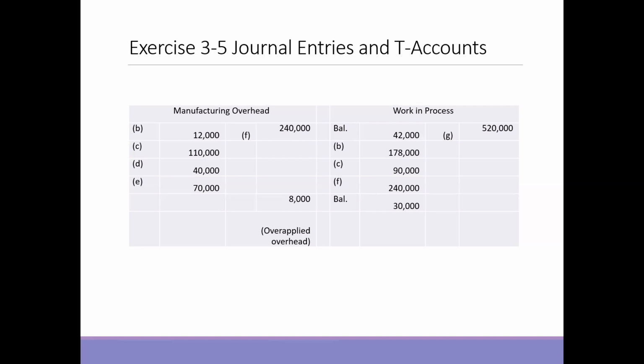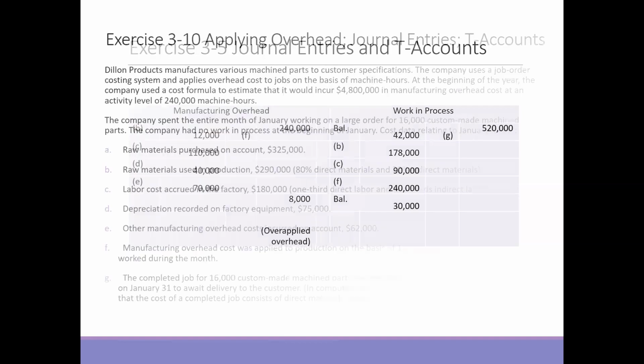Does that make sense? You will know if you under apply or over apply manufacturing overhead based on the balance. If it's a debit, we under applied it. If it's a credit, we over applied it.